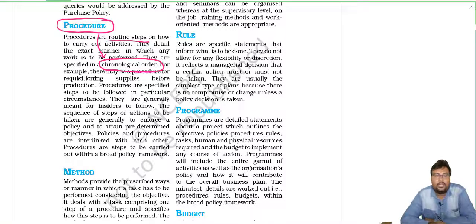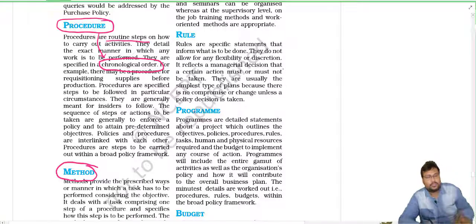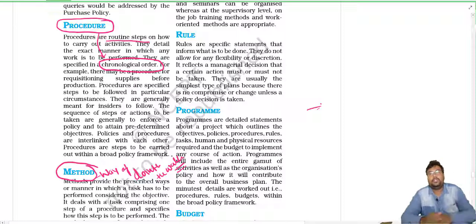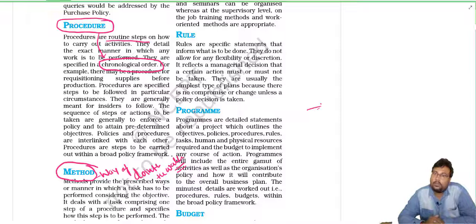Now method. Method is the next one. What is the meaning of method, beta? Simple. The way of doing the work. Method keyword is way of doing the work. The way of doing the work will be considered as method. Clear?